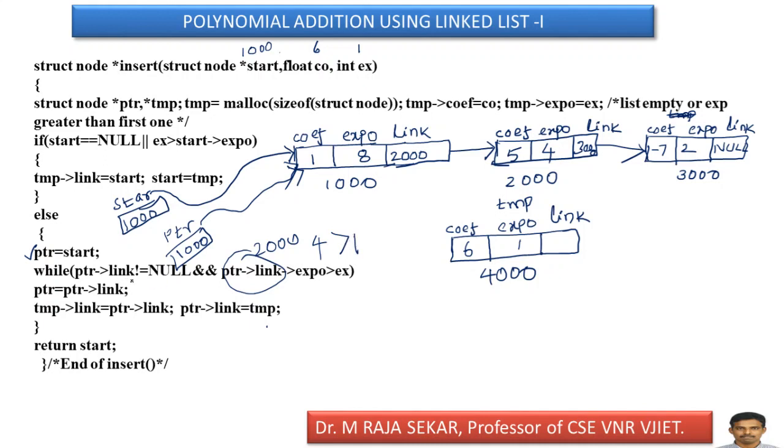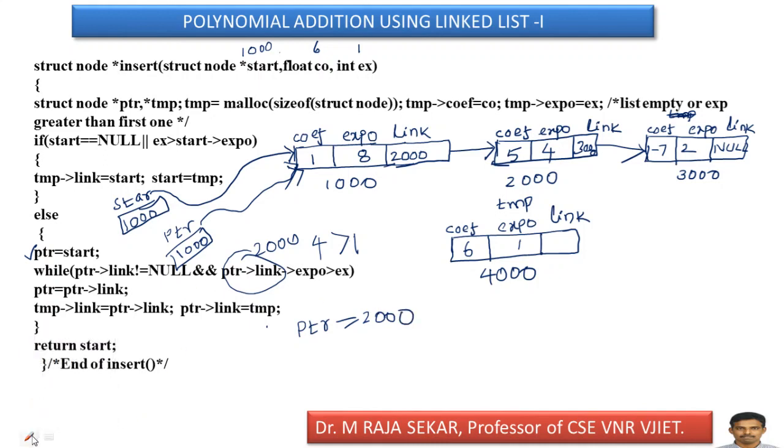PTR arrow link not equal to null, true. Both of them are true. Now where can I go? PTR equal to PTR arrow link. What does it mean? PTR means 1000. 1000 link is 2000. Now PTR will be updated with 2000. Now PTR value is 2000.